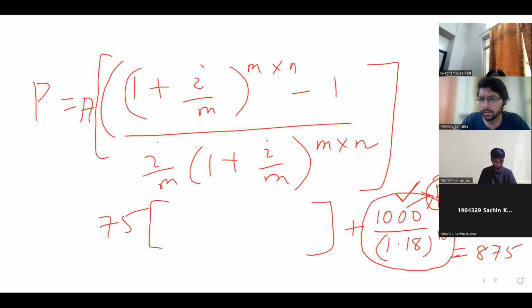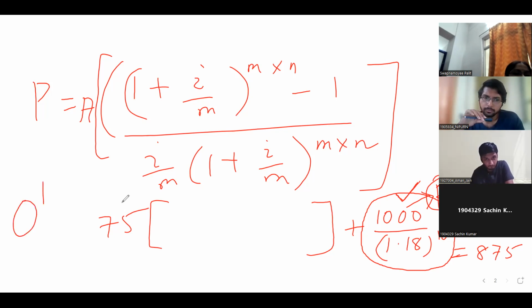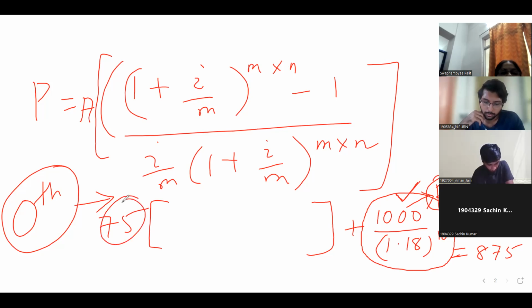मैम ये 1000 में 1.18 क्यों ऐड किया हमने? 1000 you have converted to P because 1000 you will get it once in the last year, and you are taking everything to the 0th year. When you are doing P means you are looking from the 0th year. So first you have converted this 75 each year annual value into P, and F is your 1000. You are going to get it in the 10th year.